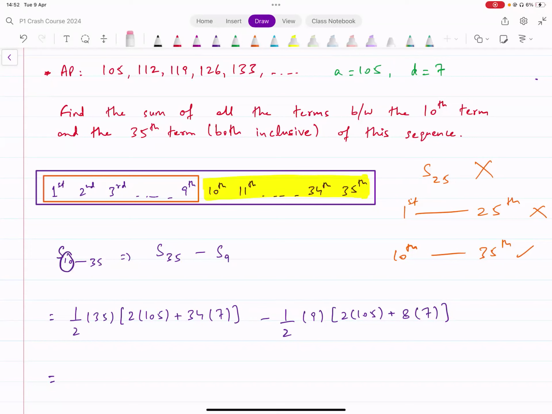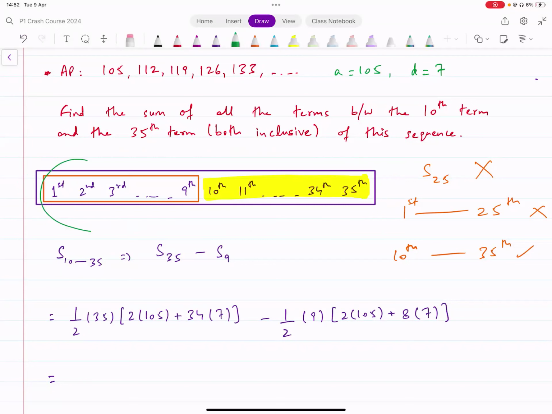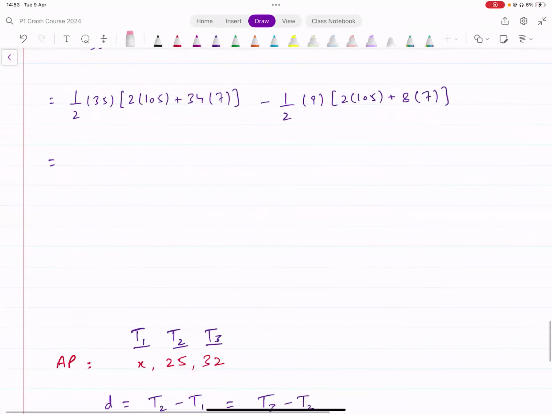Now, how do you find sum of all of these terms? We said one idea could be that you find the sum of all 35 terms, subtract from that the sum of the first 9 terms, and that will give you the sum of the terms from 10 to 35. That's what we did yesterday.